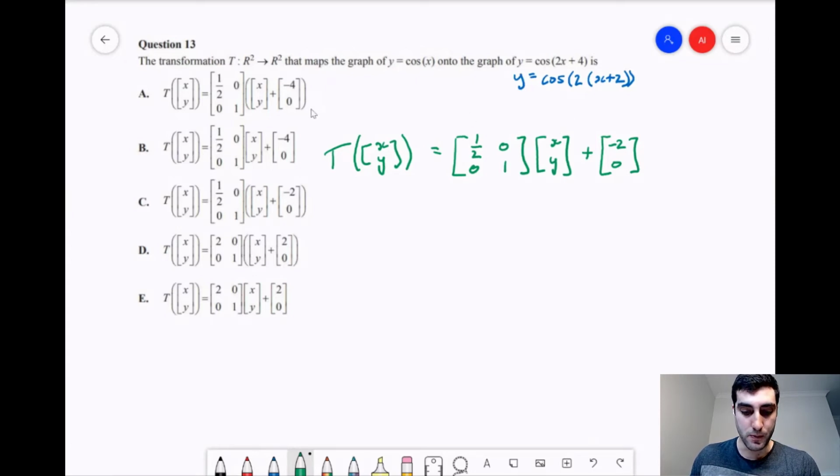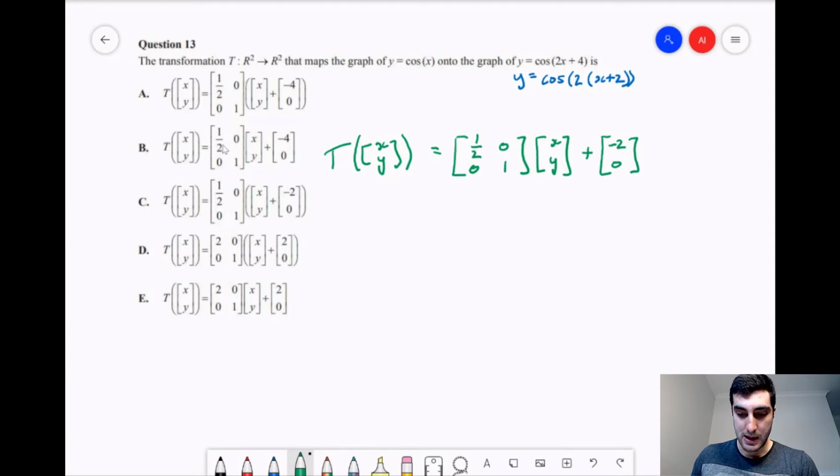But if we look through, we can see that some of these options actually change the order of the transformations. So A, C, and D look a little bit strange. They may be acceptable, but let's first examine B and E, since they are in the same form and don't have additional sets of brackets.